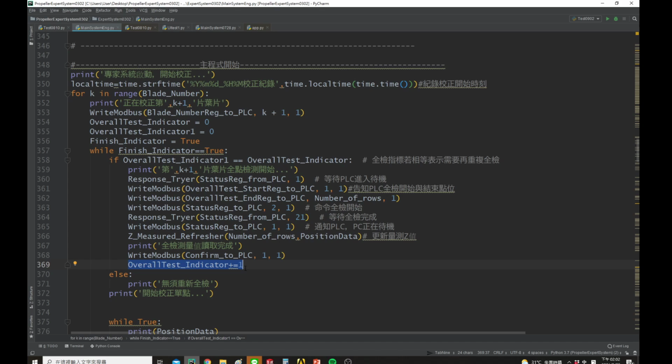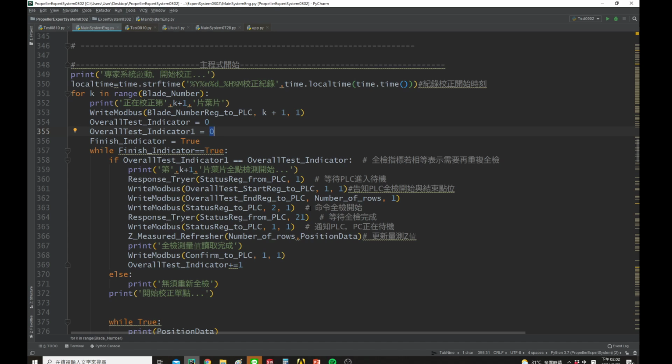That means it has already done the overall test. So if it doesn't need to be tuned, when it comes back to the loop, the overall test indicator will be 1, but overall test indicator 1 is still 0.